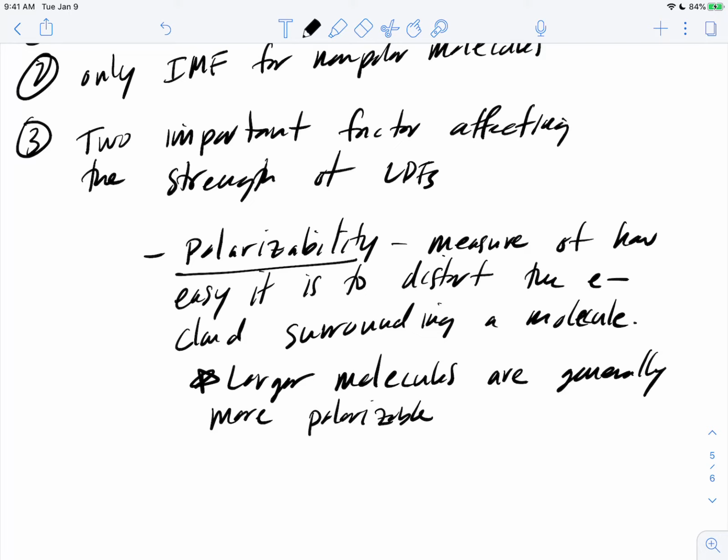The first thing we look at is how large molecules are, and by large we can look at the number of electrons. Just look at the atomic number, and we have an idea of its polarizability. The larger the molecule, the more electrons. It means that you're going to have more core electrons, the Z effective will be lower, and you'll be more polarizable.